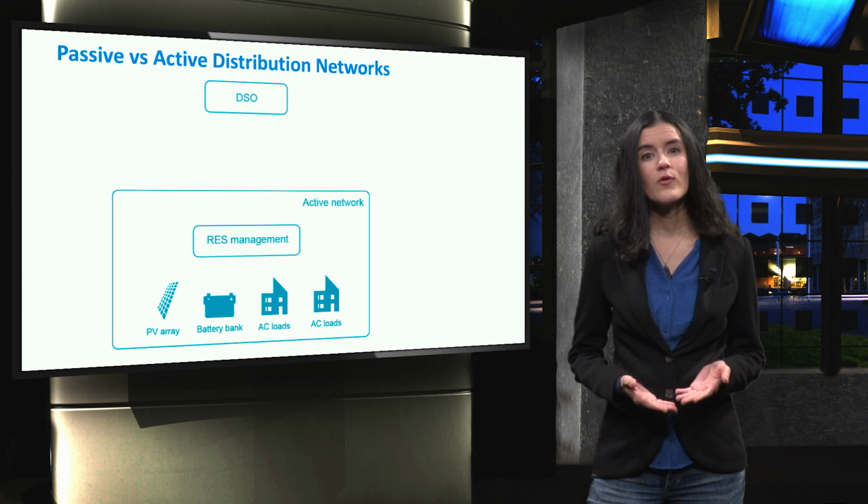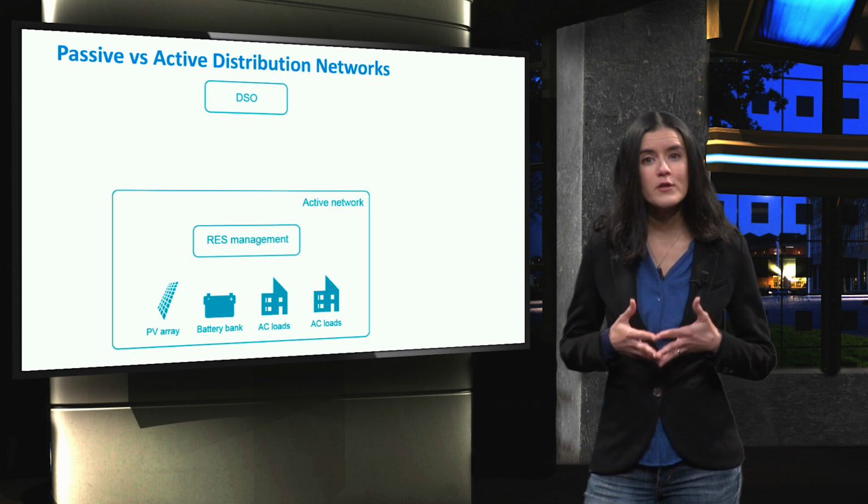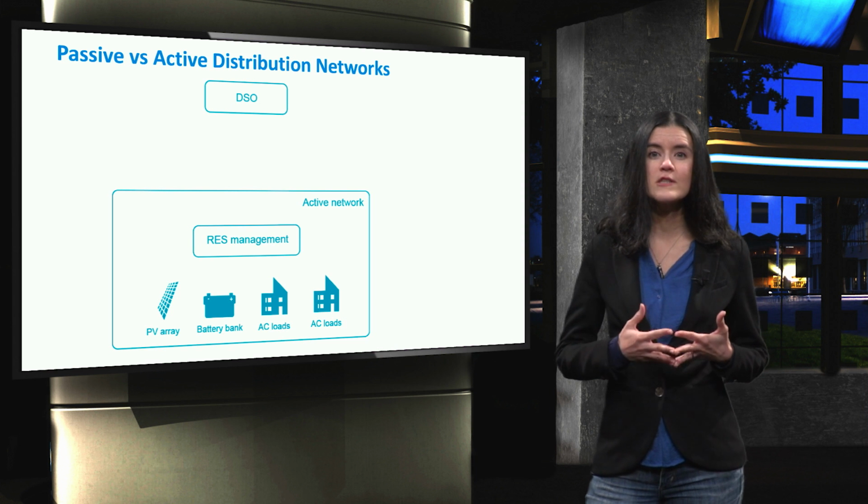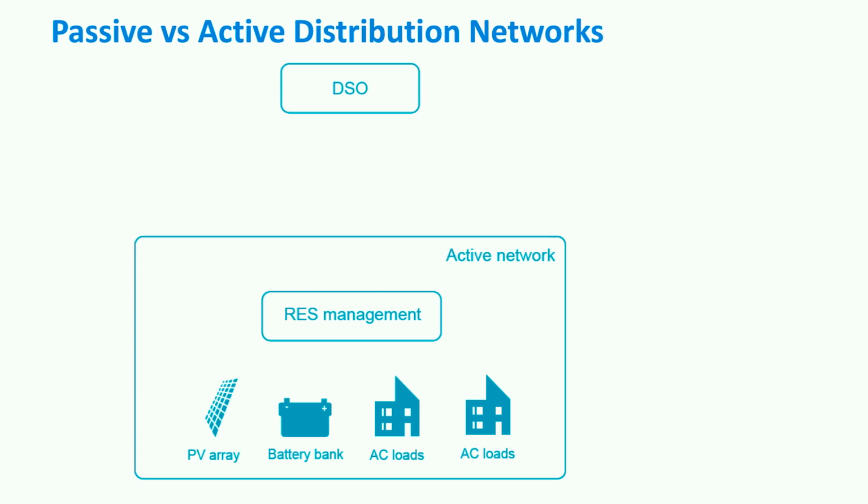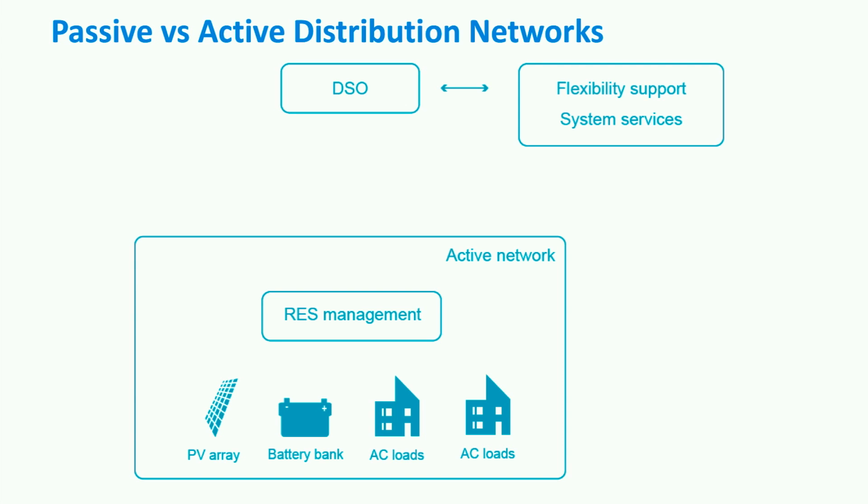As mentioned before, active networks have the potential to feature tools to manage distributed energy sources. To allow this, flexibility support will be required between the distribution system operators and transmission system operators. Additionally, new system services for distribution system operators will have to be arranged via commercial ancillary services and grid codes.